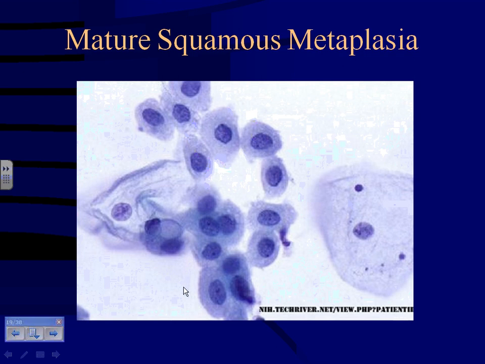In other words, the borders look kind of puzzle-like. The cytoplasm is dense and uniform. The nuclei are centrally placed. The nucleus is slightly bigger than the intermediate squamous cells here, but smaller than an immature squamous metaplasia. Remember, they go from 50 down, eventually down to 35 square microns when they become the most mature.